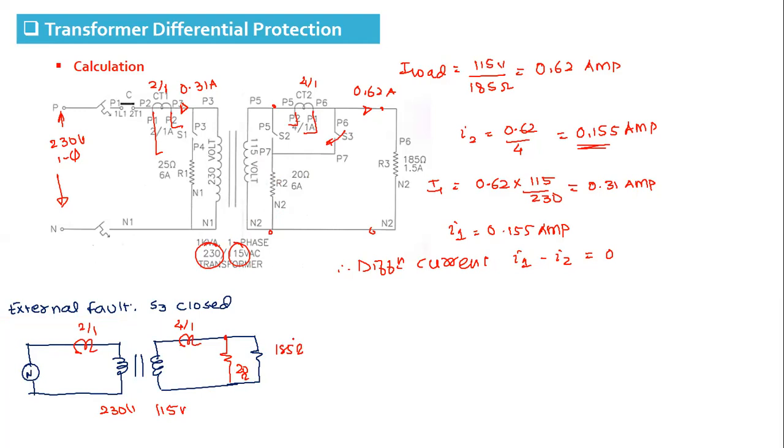20 ohm parallel to 185 ohm. That is 18 ohm, and 115 is the volt. So the current on the secondary side of the transformer is 115 divided by 18. That comes how much?